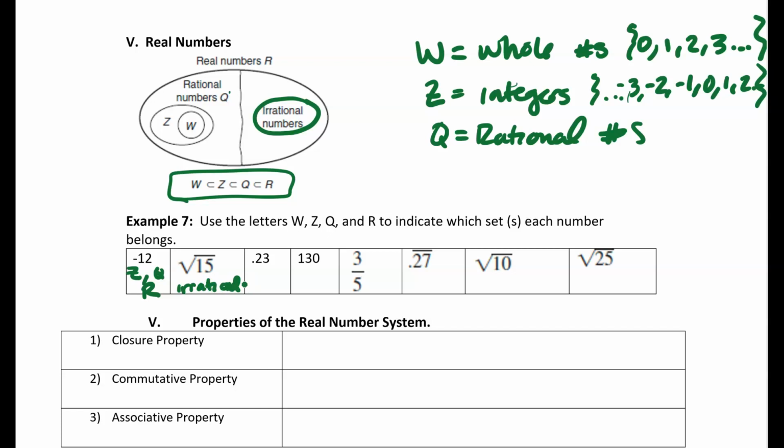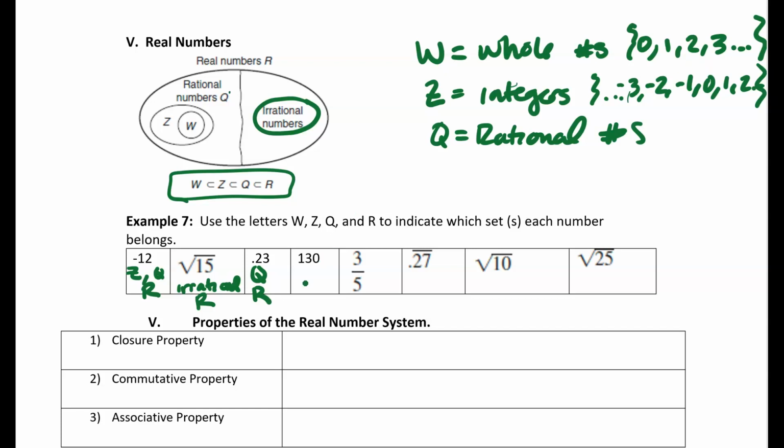So that's going to be irrational, and that's also going to be real. So all irrational numbers are considered real numbers. And then 0.23, okay, so that's not a whole number. It's not an integer since it's a decimal, but it is considered a rational number since it's a decimal that ends. So I'm going to say Q, and then all Q are R. So it's a rational and real number.